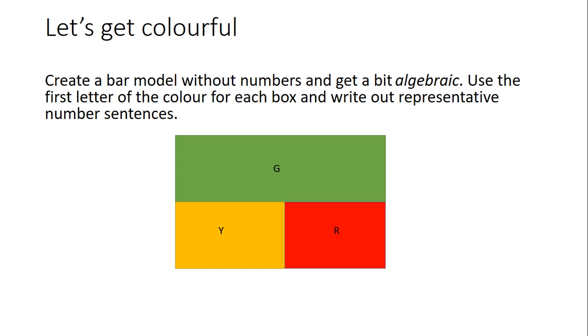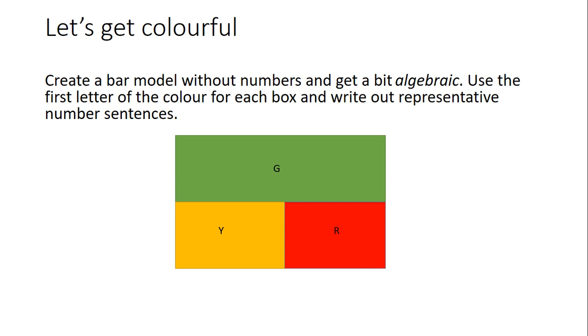You can use whatever colours you want. It doesn't have to be the ones I've used. I've just used the ones most convenient, but you can use anything you want. And so use the first letter from each of the colours in place of the numbers.